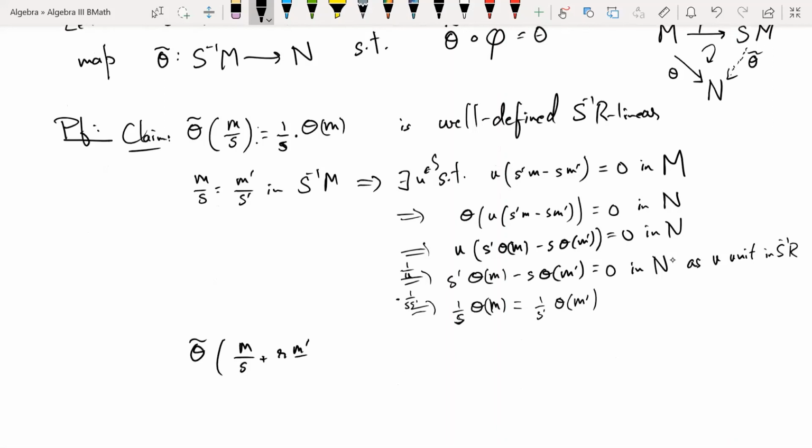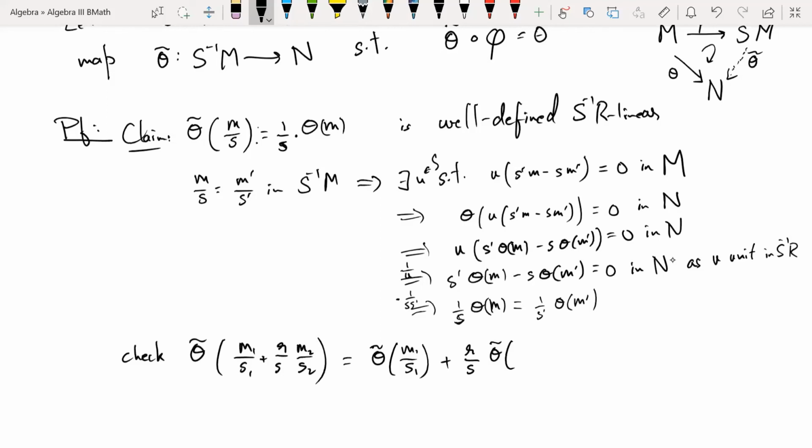Maybe I'll do it somewhat differently. You check that theta tilde of (M1 over S1 plus R times M2 over S2) is the same as theta tilde of M1 over S1 plus R times theta tilde of M2 over S2. I'll just write what you have to check.